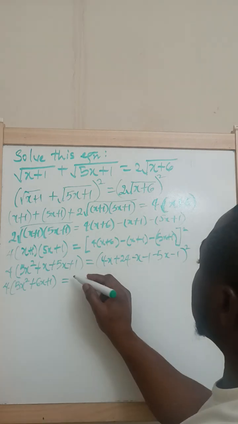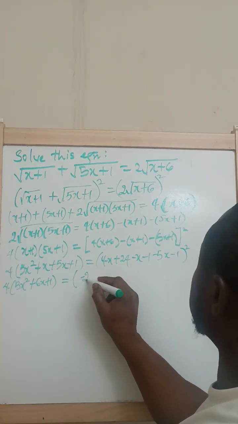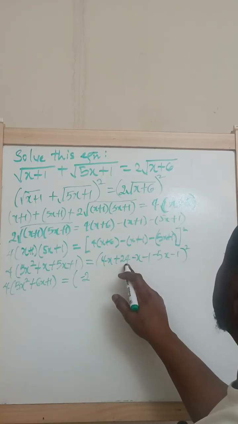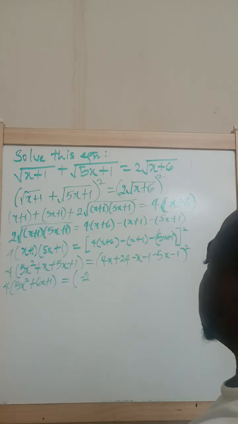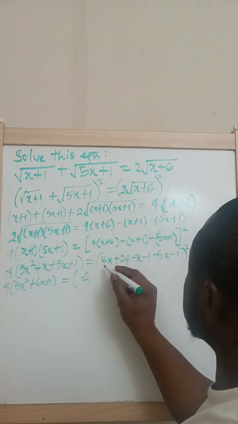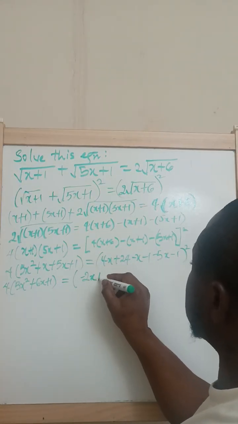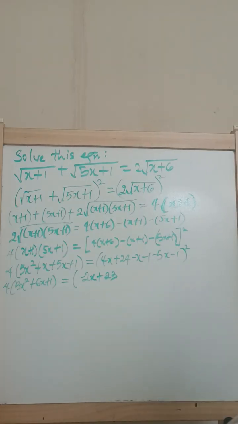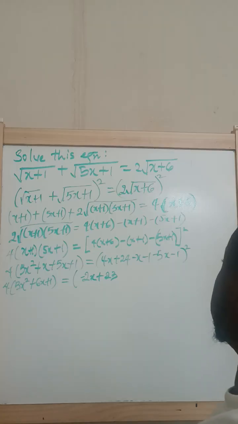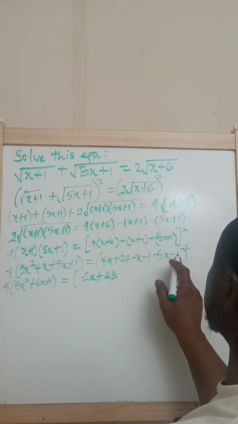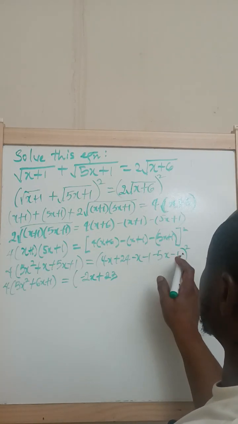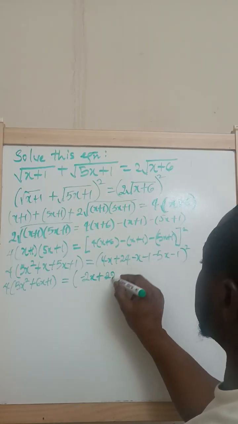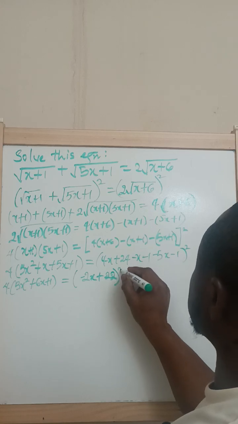So we have minus 2x here, and this is 24, and 24 minus 1 is 23. So this is minus 2x plus 23, and this one is also minus 1. So minus 2x plus 22. Everything is squared.